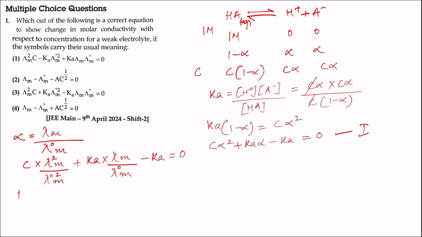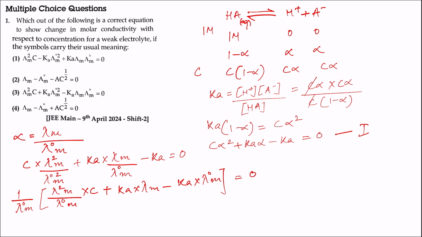Now taking 1 by lambda naught m as common, inside the bracket lambda square m divided by lambda naught m into C plus Ka into lambda m minus Ka into lambda naught m, and this is equal to 0.